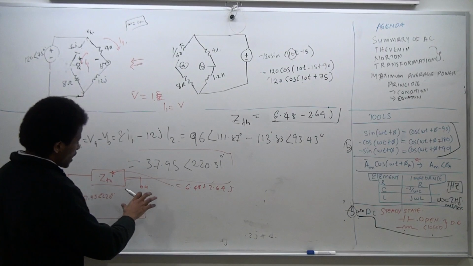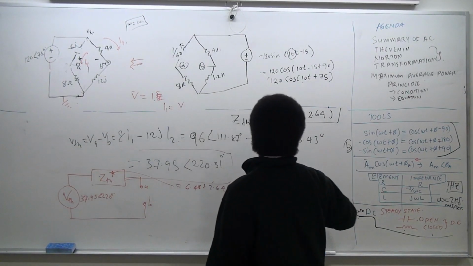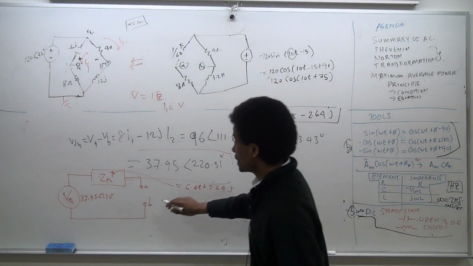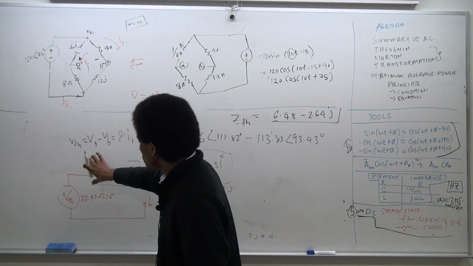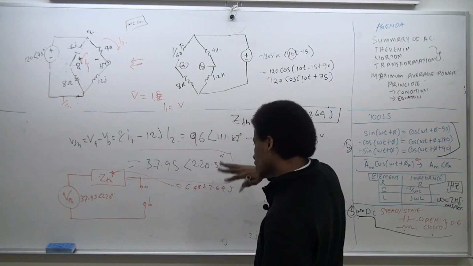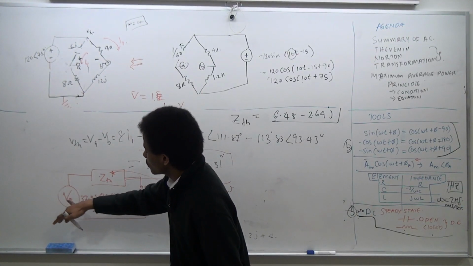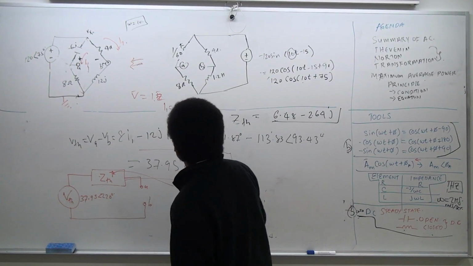To convert Thevenin equivalency to a Norton equivalency, all we have to do is just one iteration of the transformation technique.